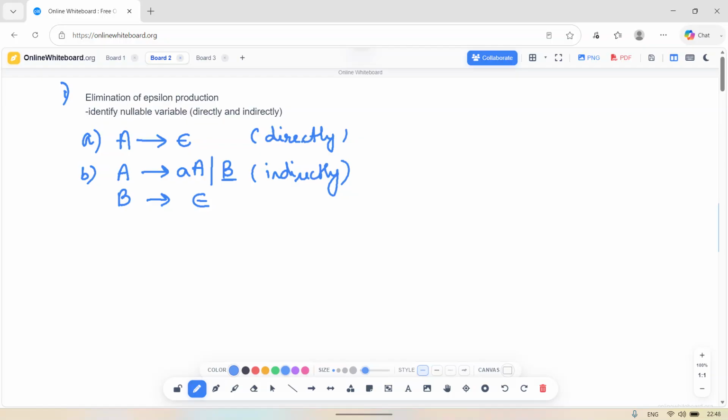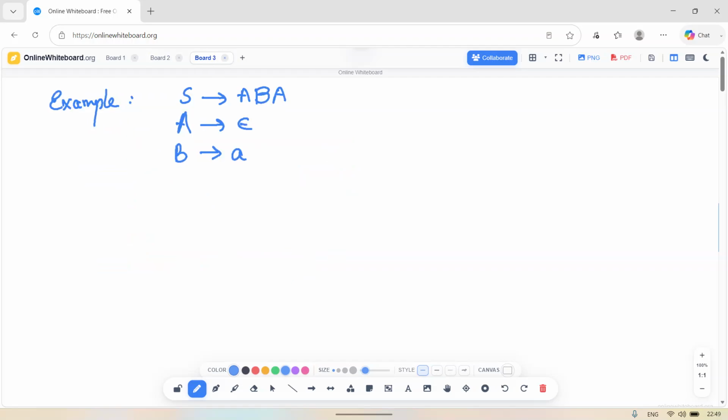It's a nullable variable. And when a non-terminal derives epsilon indirectly, for example, B is deriving epsilon, this is stated directly, but since there is a production rule A derives B, that means A will also derive epsilon. So this is termed as indirectly.